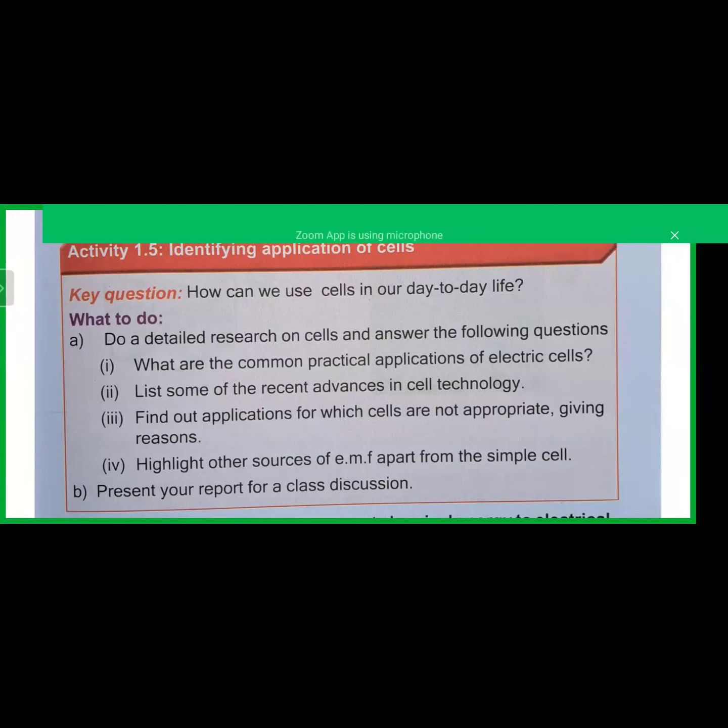Tabs is saying dynamo cells. Yes, if that is what is coming in through the chat. Okay, thank you so much.